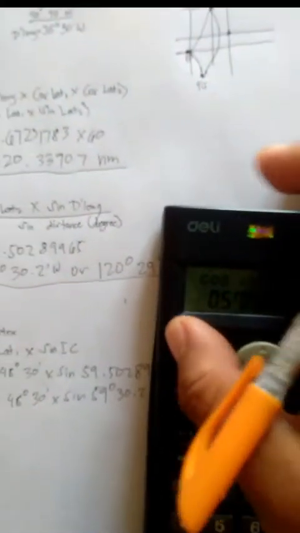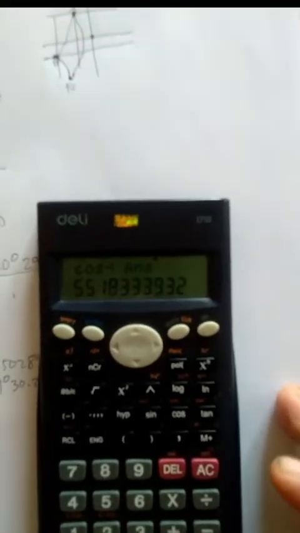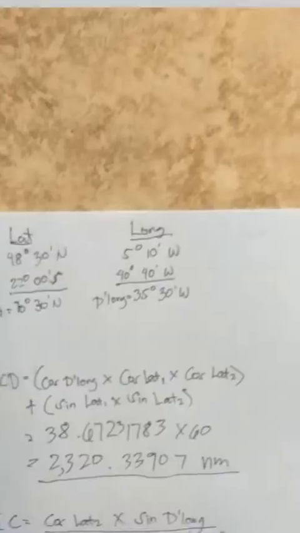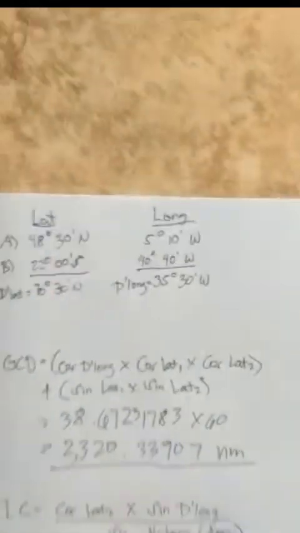After getting it, you have to convert it to cos 55.18. After getting the great circle distance, we have to move to initial course.